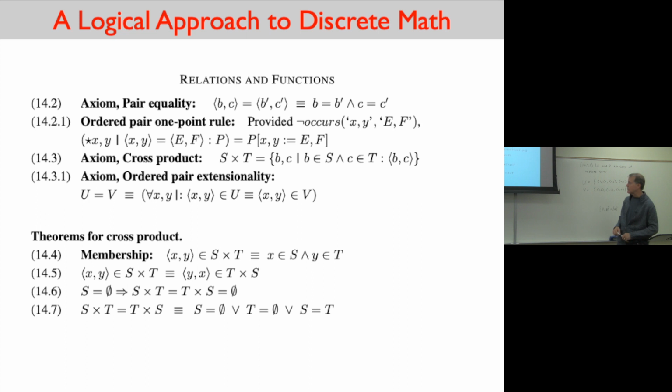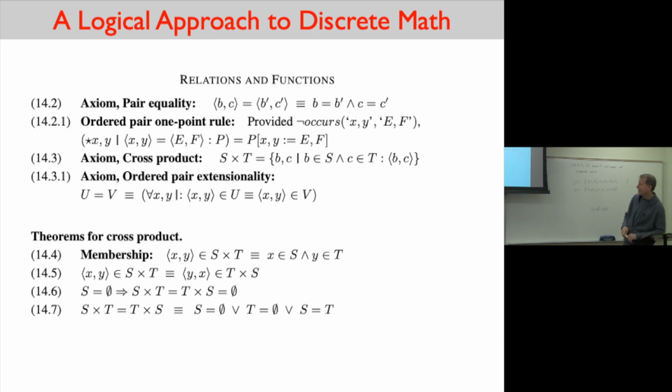14.5, what is 14.5? It says the ordered pair x, y is an element of S cross T, equivalence, the ordered pair y, x is an element of T cross S. So you switch that as well. That's pretty obvious, yes, but it's going to be a homework problem, 3 points.